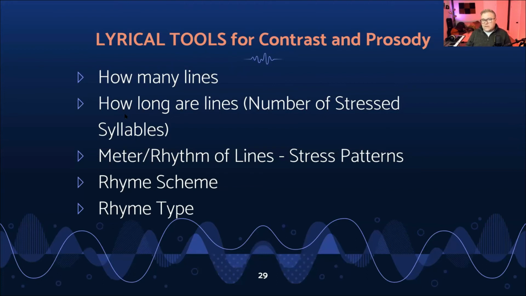So if you look at the song Easy on Me by Adele, in her verse she goes short, short, long, short, short, long. And then when you get to her chorus, it goes long, short, short, long, short, short. So it flips it, which is the contrast, right?